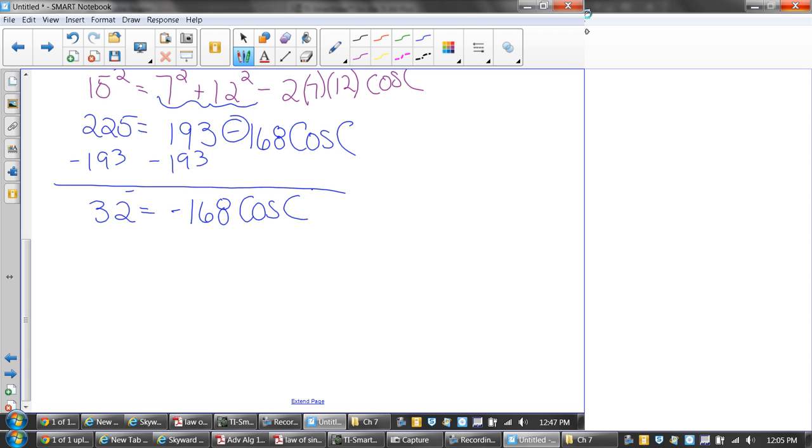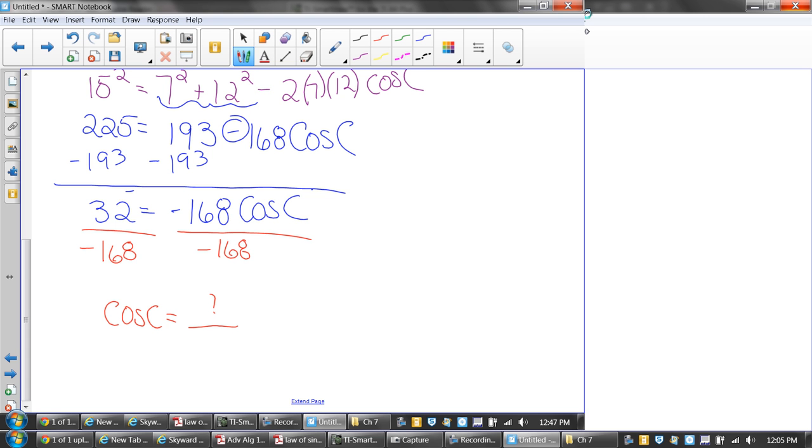Cool. Divide both sides by negative 168. Cosine of C equals some decimal.